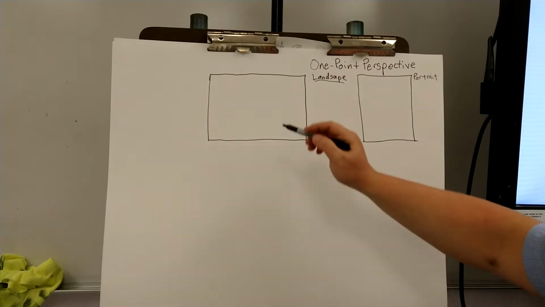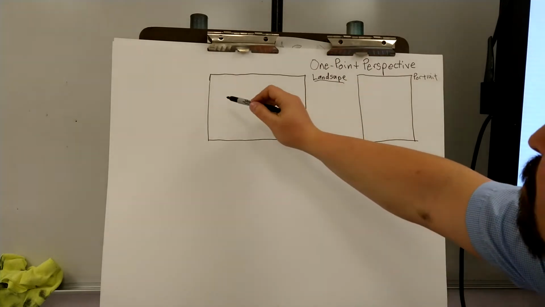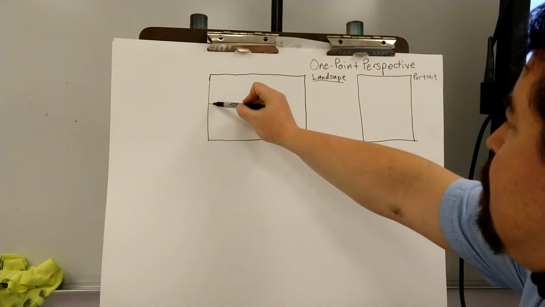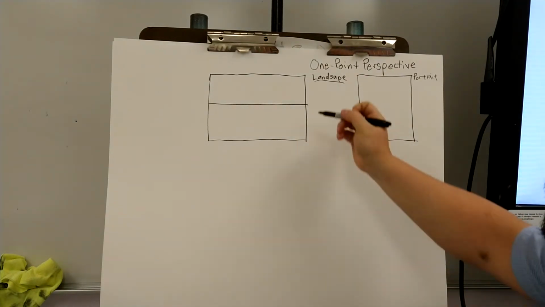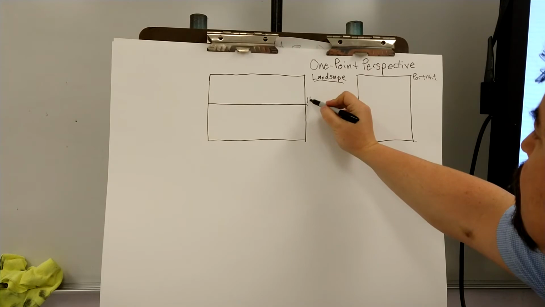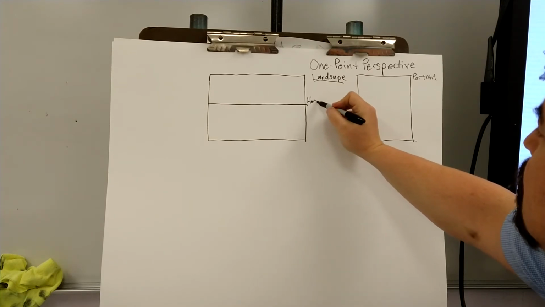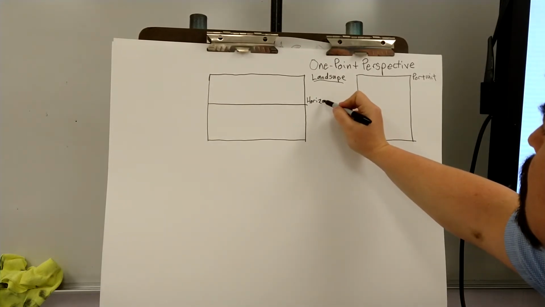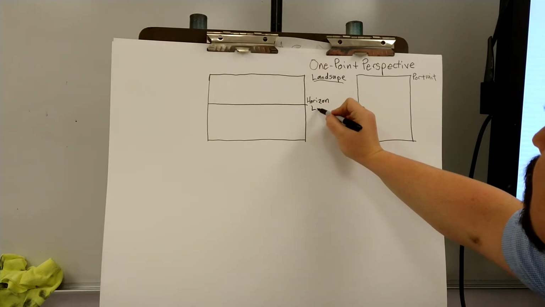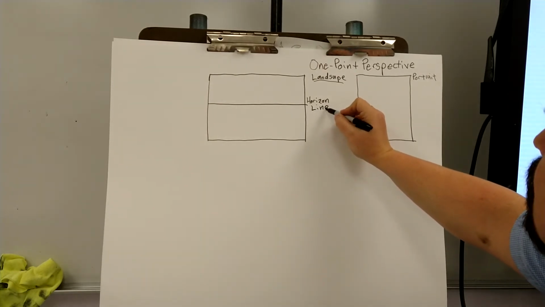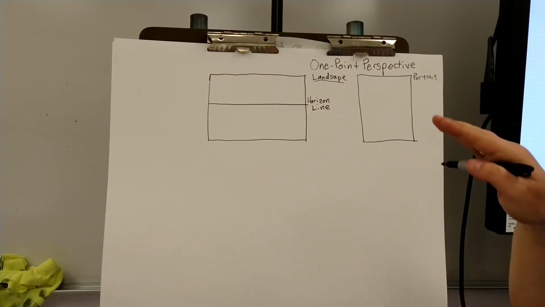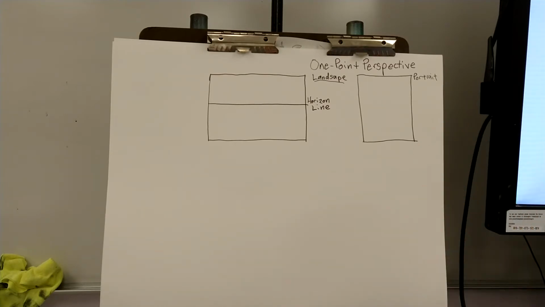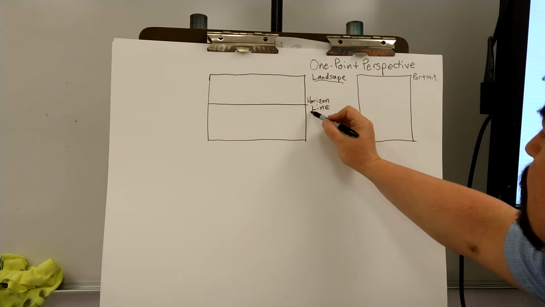So the first thing you are going to draw whenever you're doing perspective is the horizon. And this is called the horizon line. The horizon line is also where your eye level is, so another word for it would be eye level.